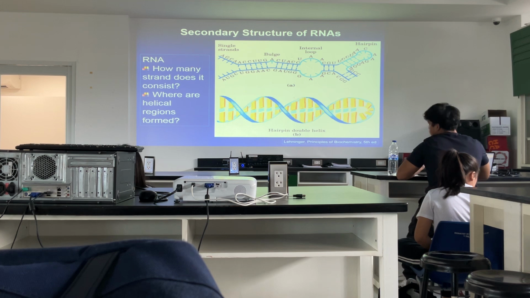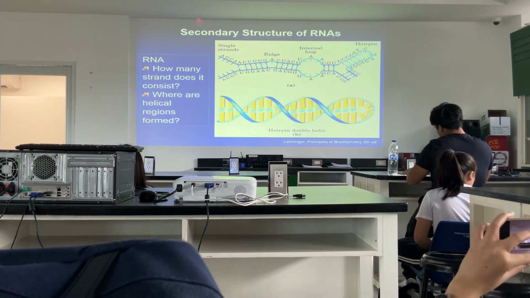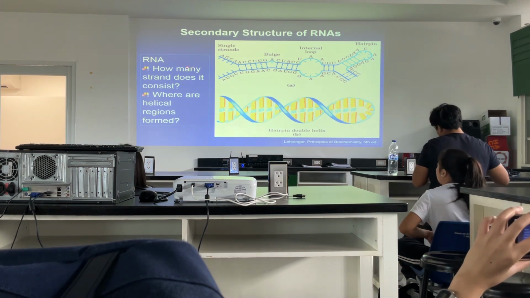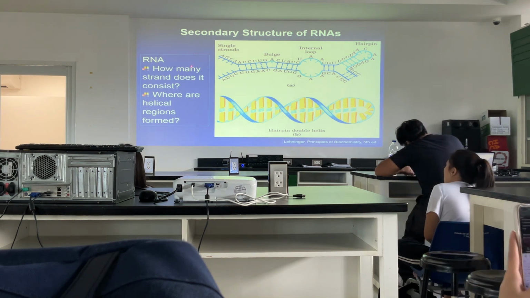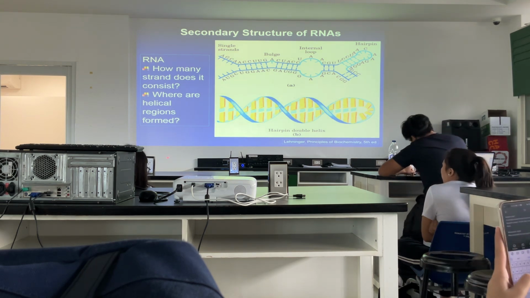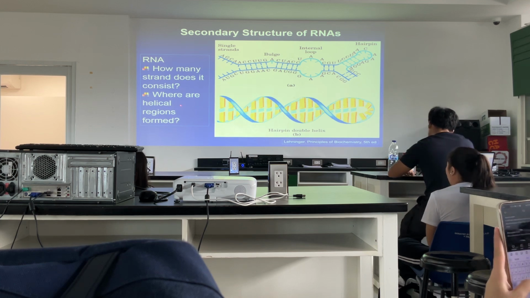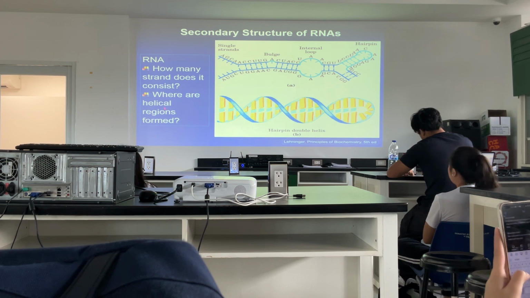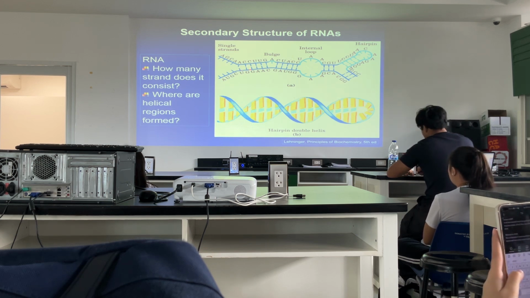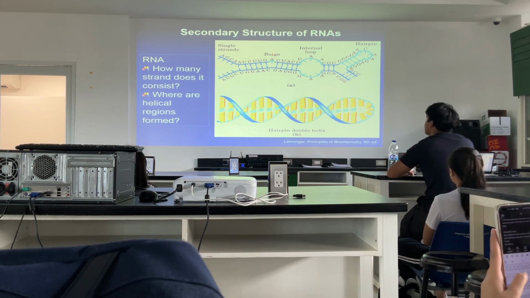How many strands does RNA consist of? RNA is composed of only one strand, but it can fold back on itself, and that's why helical regions can be formed. Where are helical regions formed? They will be formed on areas where there is base pairing. So in the bulges, you have no base pairing.